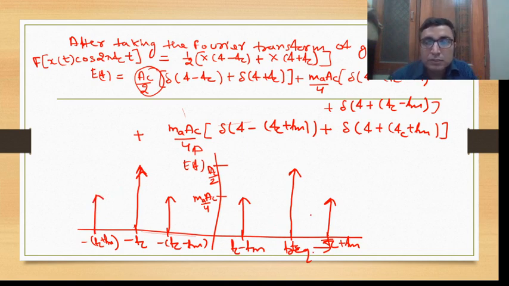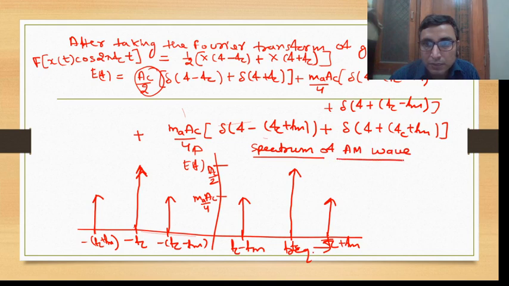So this is the spectrum of the amplitude modulated wave in frequency domain after taking the Fourier transform. Thank you.